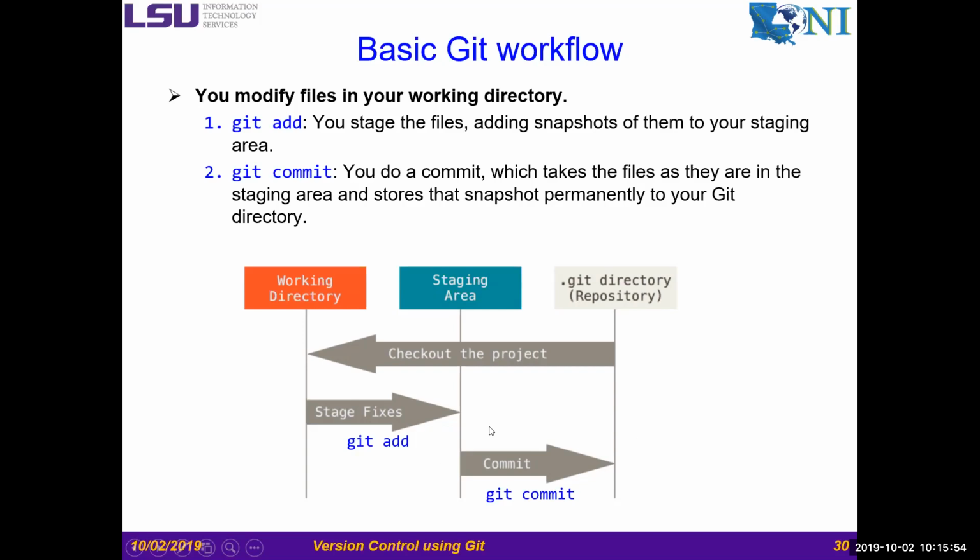Then when you do commit, you put the snapshot of the staging area into your repository. Once you do the commit, it's permanently added to the repository. That's a further explanation of the two steps: we first add, then we do git commit.